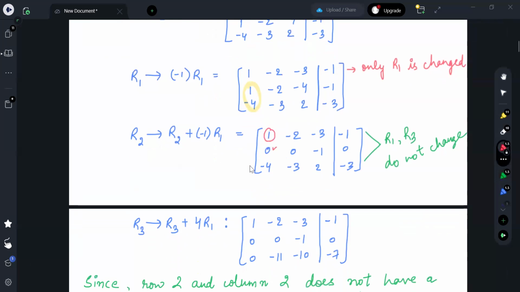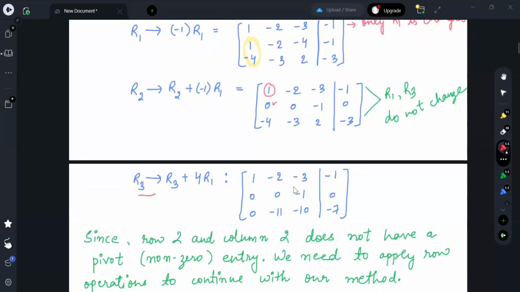So this is done. Now I have to make this -4 a 0. So what am I going to do? I'm going to operate on row 3, add 4 times row 1. So you see why we make a 1 to begin with, because now all I have to do is look at the number here, look at the sign, and add or subtract the scalar multiple accordingly. So we always begin with the 1 on top because that's the most efficient way. That is the efficient algorithm that you will be using throughout this course. Now I'm going to be adding 4 times row 1 to row 3.